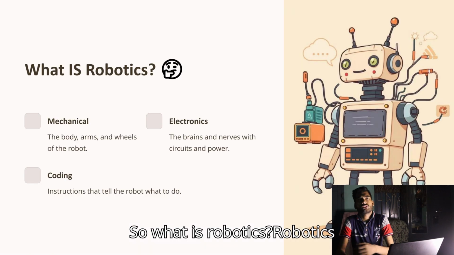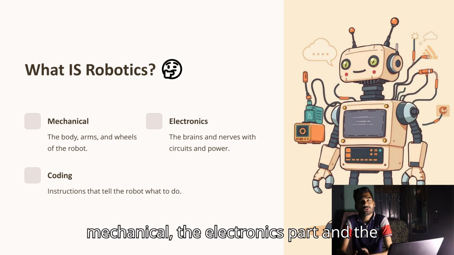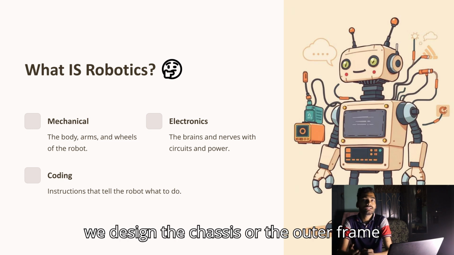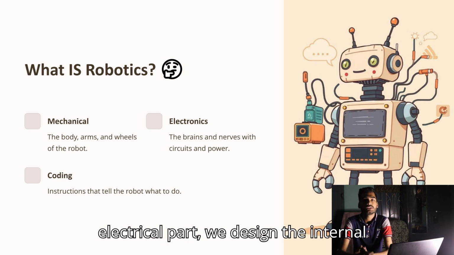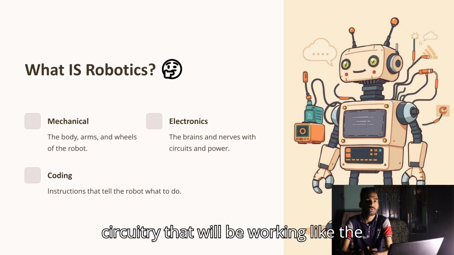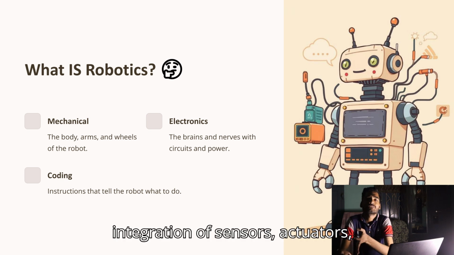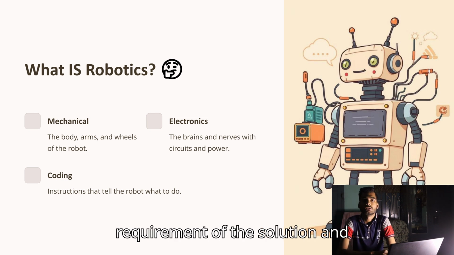So what is robotics? Robotics is a field that combines the mechanical, the electronics part and the programming part. In the mechanical part, we design the chassis or the outer frame of our project. In the electronics or the electrical part, we design the internal circuitry that will be working, like the integration of various microcontrollers, integration of sensors, actuators, transducers, anything based on our requirement of the solution.